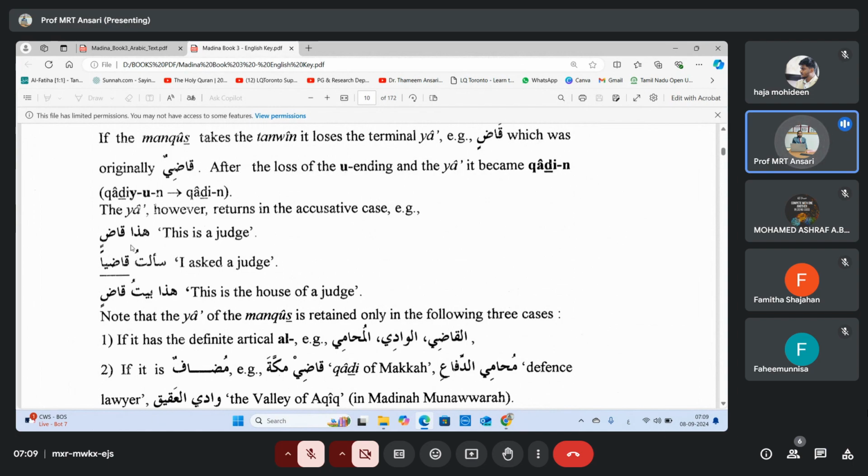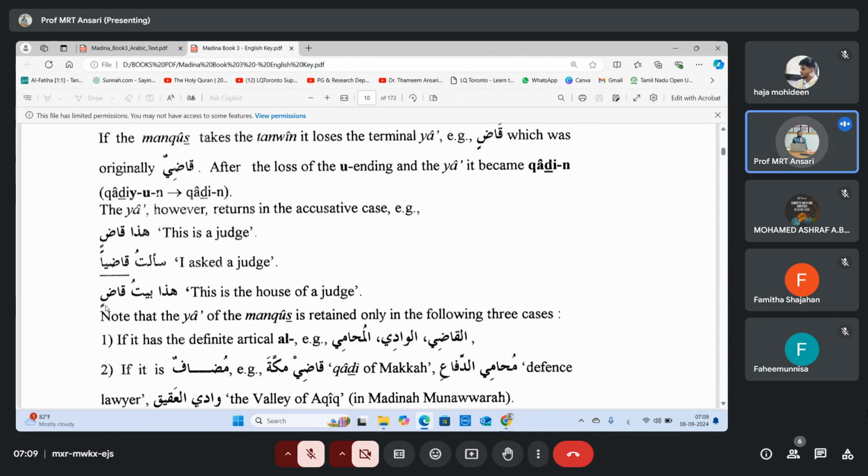The same applies for majrur: hadha baitu qadin, where baitu is mudaf and qadin is mudaf ilayhi. Originally it is qadiyin, but the ya is not written along with its vowel sign, and the previous letter takes double kasra.